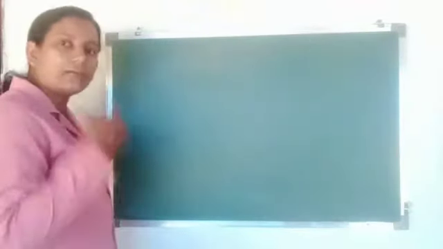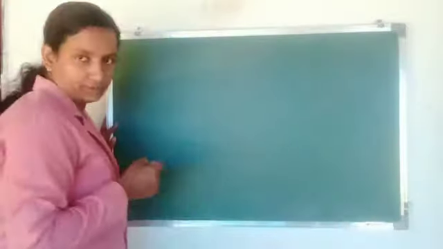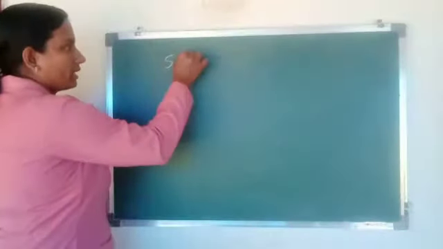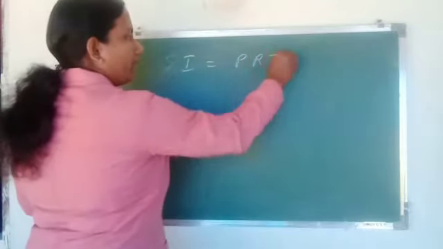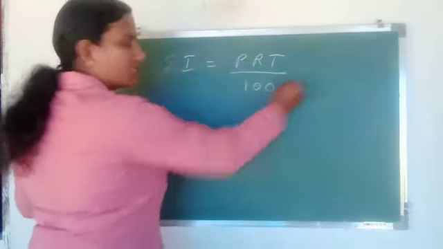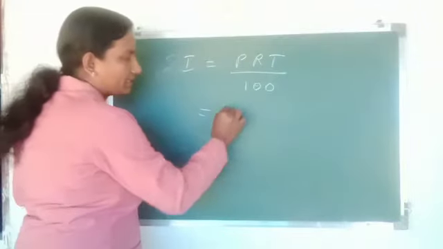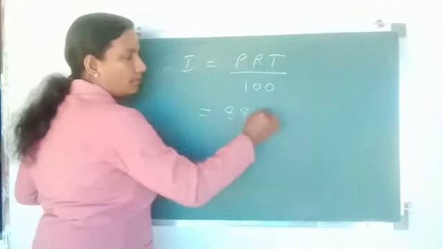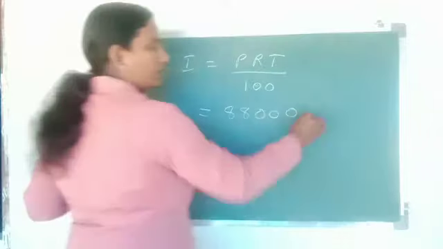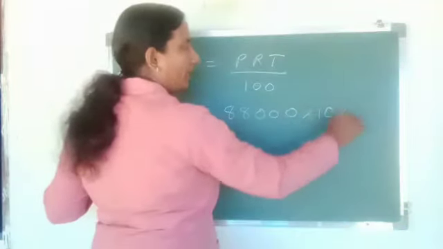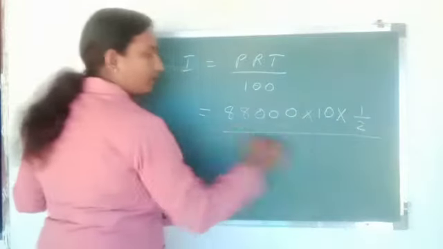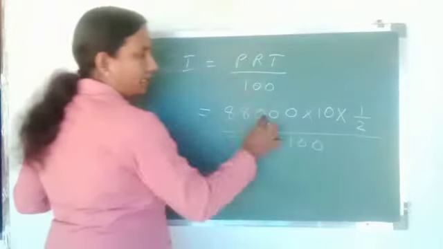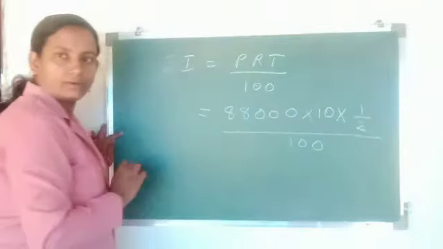Then calculate simple interest for a half year. Simple interest I is equal to PRT by 100. Substitute the values: P is 88,000, R is 10 by 100, and T is half year.